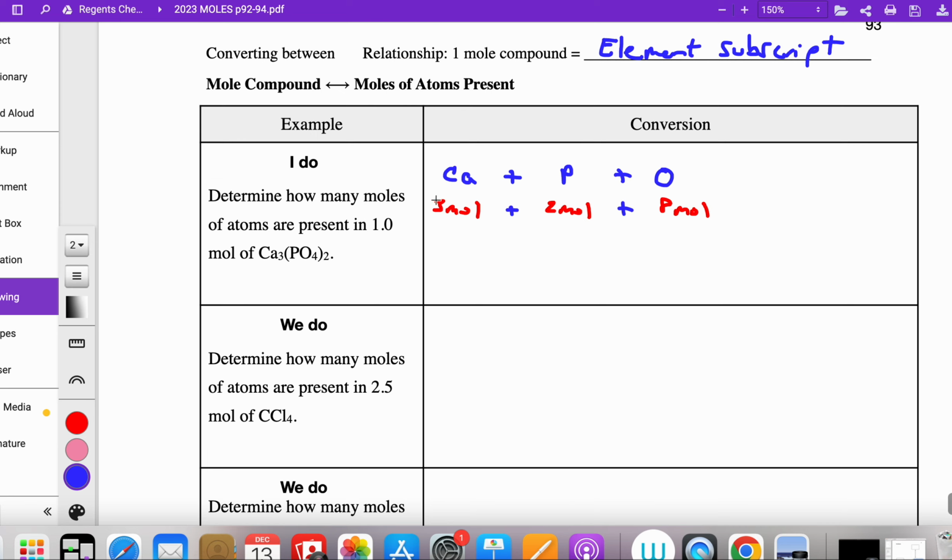So I know the number of moles of each individual element, and then if I add those up, 8 plus 2 is 10, plus another 3. So there's a total of 13 moles of atoms present in this 1 mole of calcium phosphate. So here we go, looking at a 2-step process.